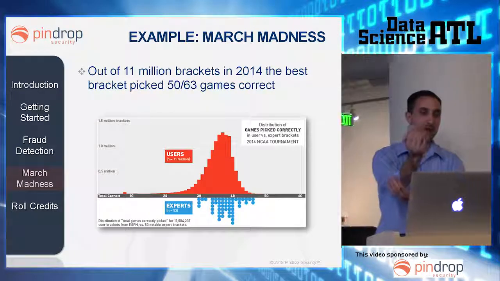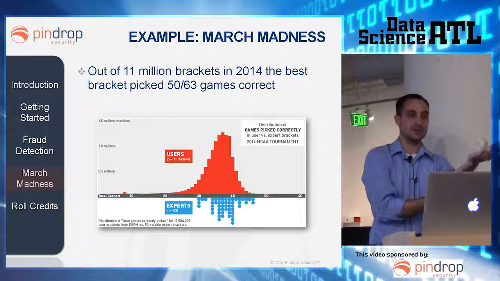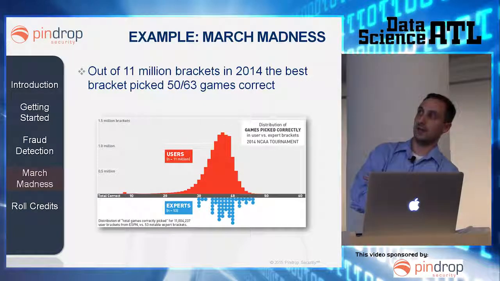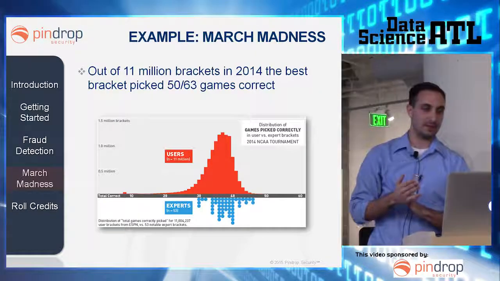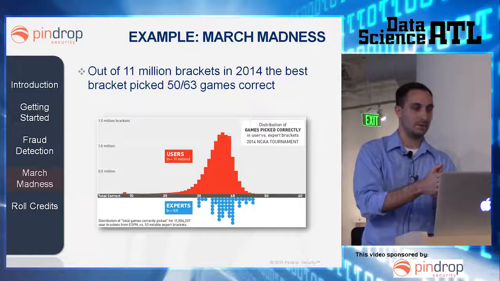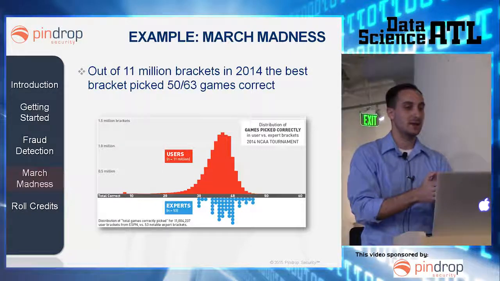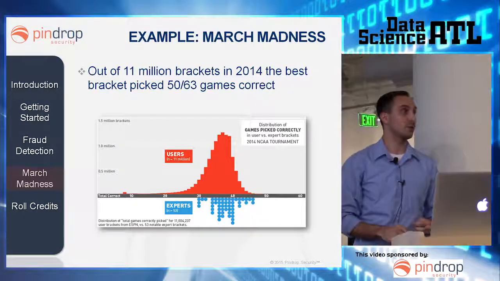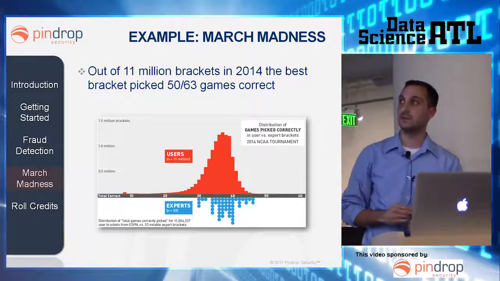So let's take a look at the results of 11 million users in ESPN. We can see here the chart is at the bottom. How many did they pick correctly? What we can see is the best at the very tip out here is 50 games correct out of 63 total.